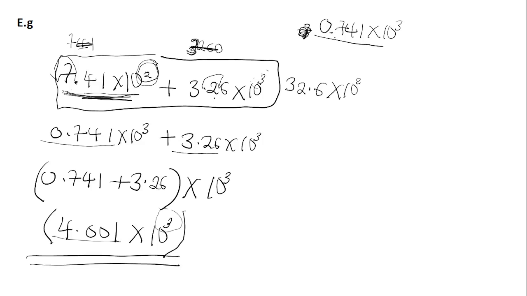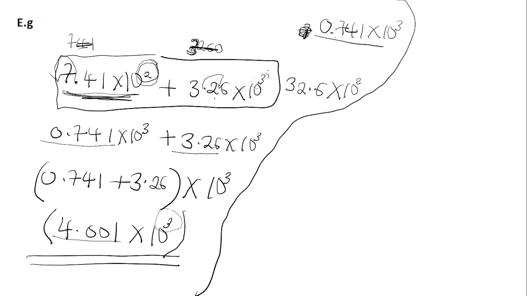Now, if you go for the lesser number, you're still going to find the solution, but the problem is going to come in somewhere. So let's say instead, we convert the 3 to 2.